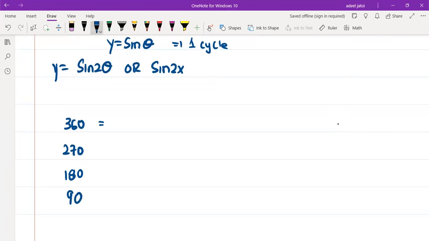If I divide 360 by 2, I'll get 180. If I divide 270 by 2, I will get 135. If I divide 180, 90. If I divide 90 by 2, 45. That means these are the new values for the cycle.